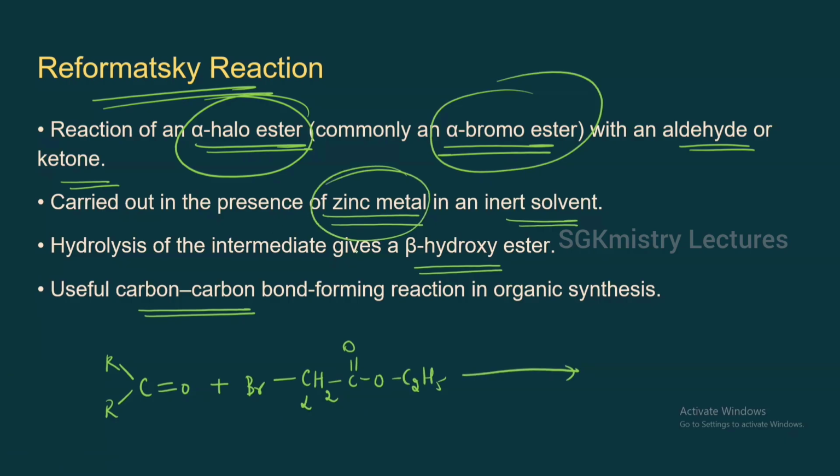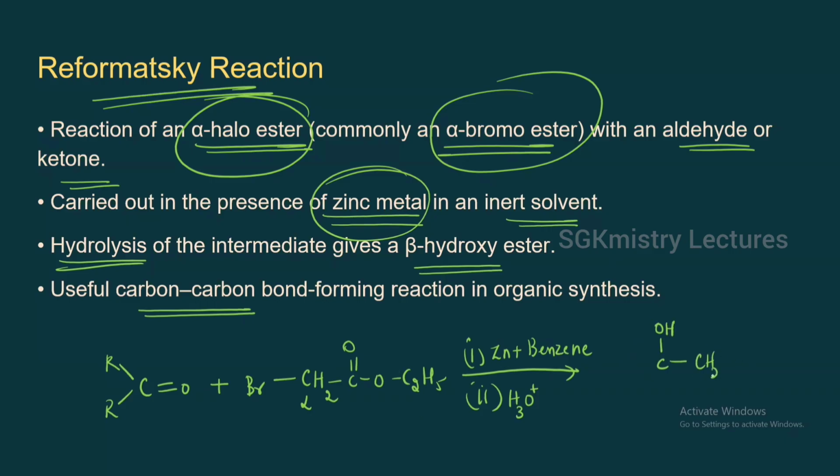Now in the presence of the zinc metal, and we are using an inert solvent like benzene. Second step, as we already know, the hydrolysis has to take place so that we get the final product, that is beta hydroxy ester. Now the ester is here. In the beta position, there is a hydroxy group.